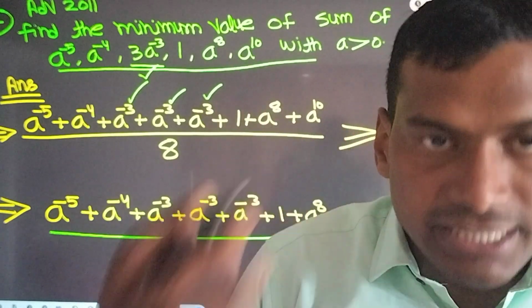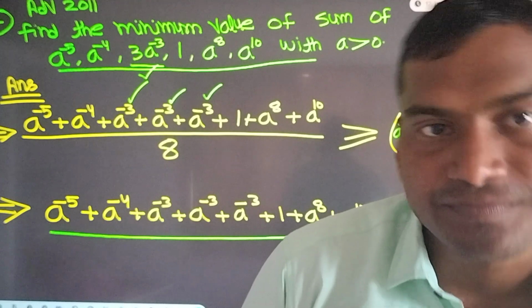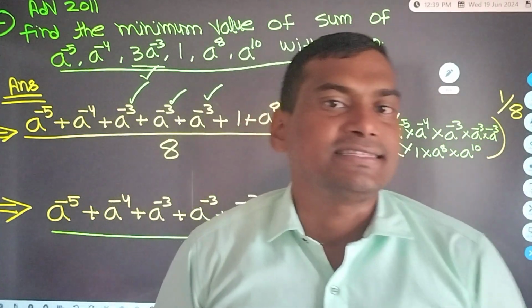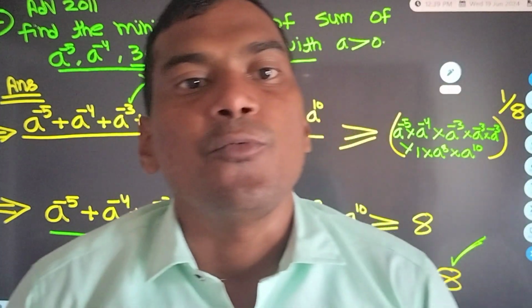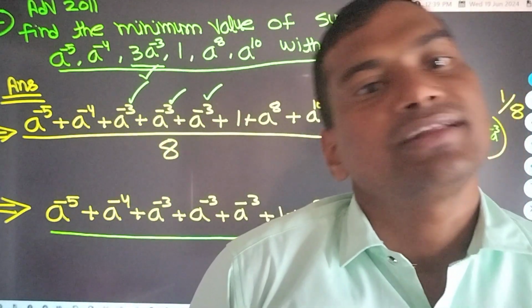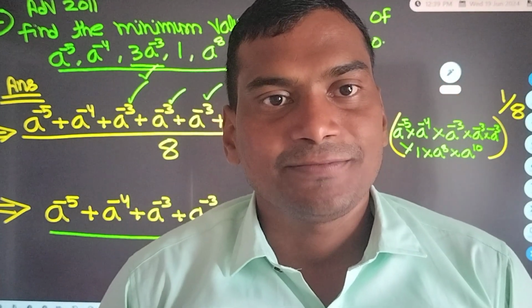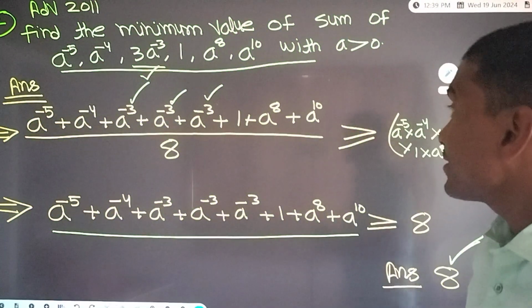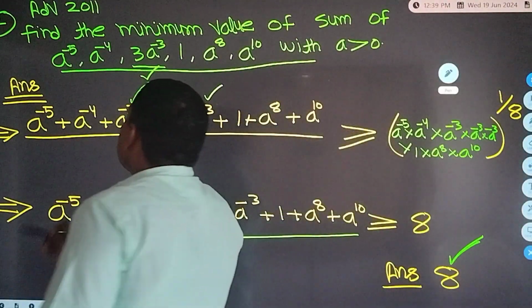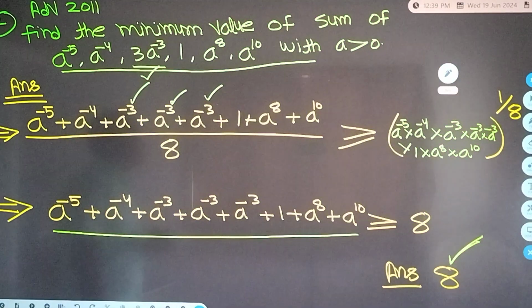So what changes should we make so that the power gets cancelled and we get a constant over there? So see, here is this 3 into a power minus 3.